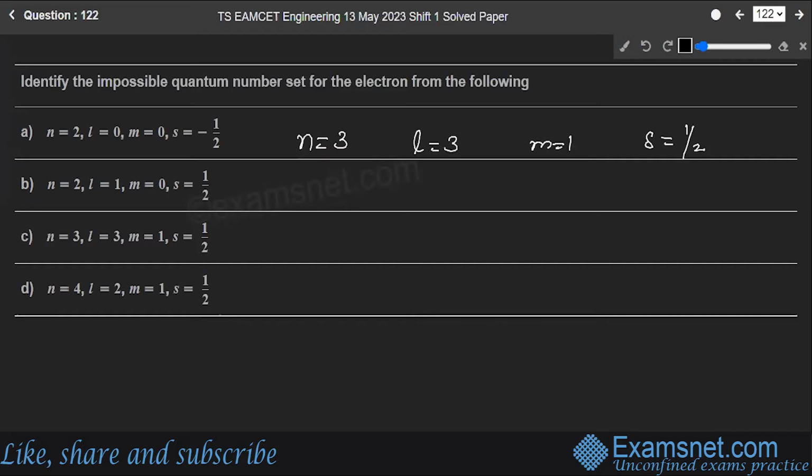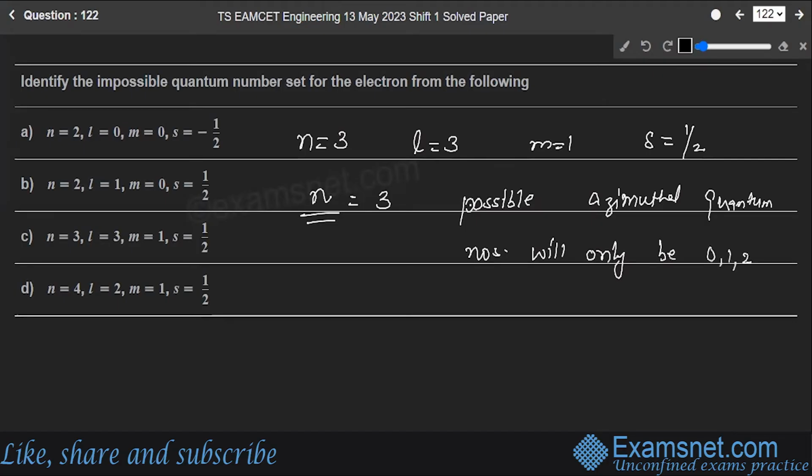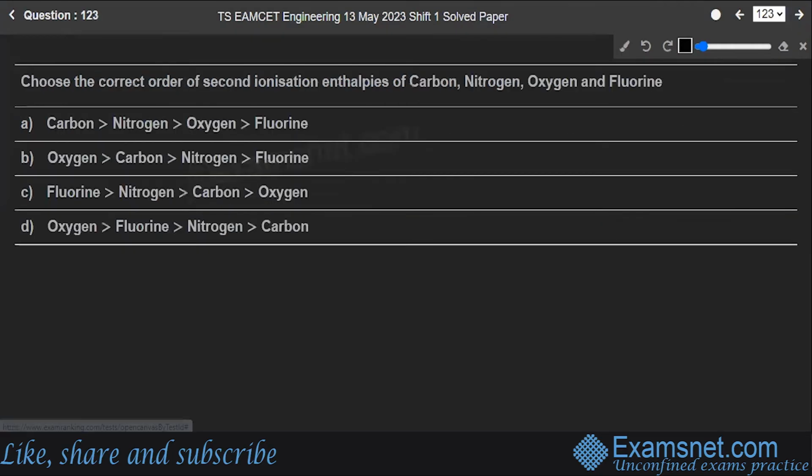When the principal quantum number n is equal to 3, the possible azimuthal quantum numbers will only be 0, 1, and 2, which represent s, p, and d orbitals respectively. So this is the wrong one. Option C is the correct answer to the question. Hope you understood. Next is question 123.